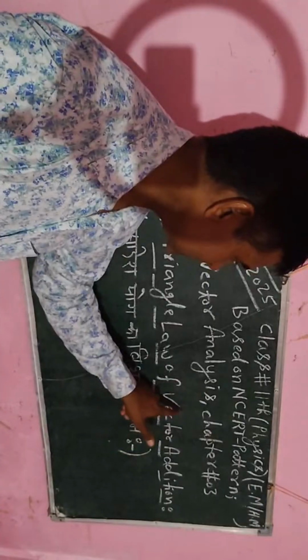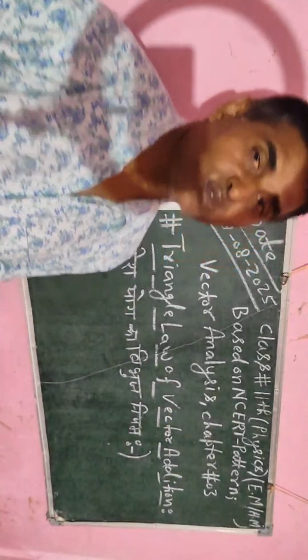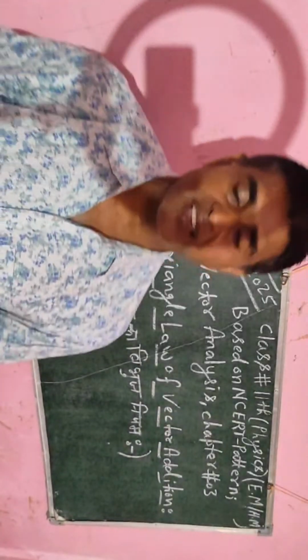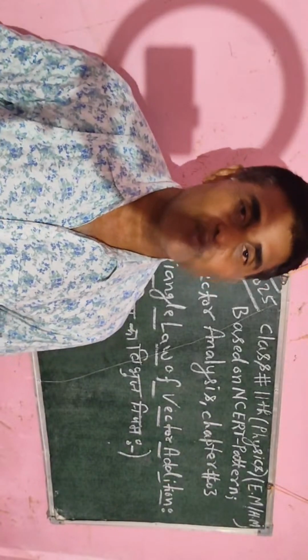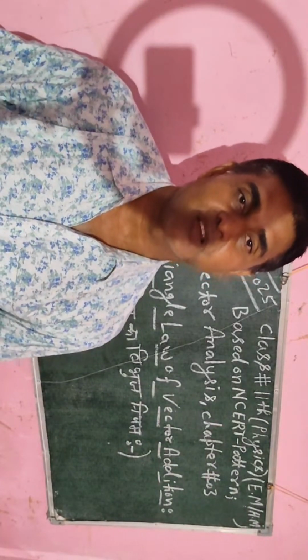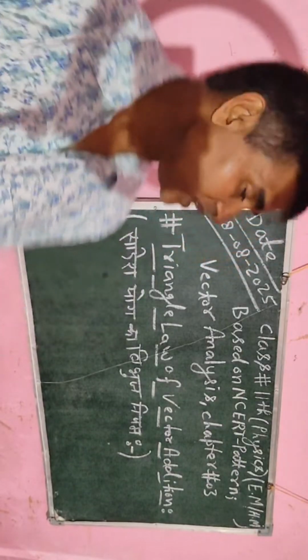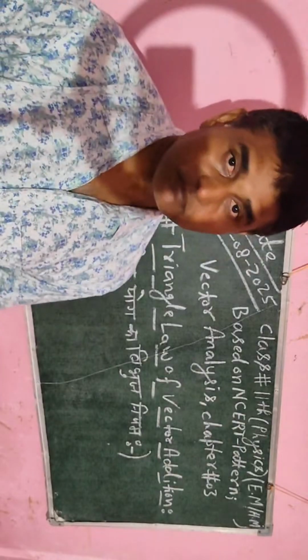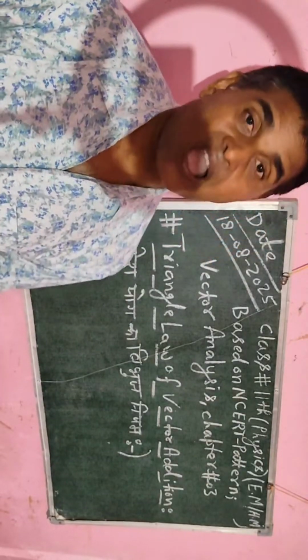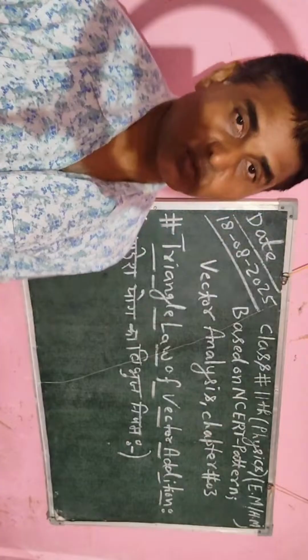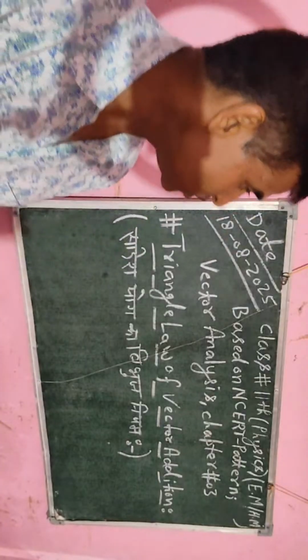Here I will use two methods. One is the geometrical method, and the other is the analytical method for adding two vectors. And if two vectors are given in 3D, how we will get the result, that information I will also explain here.